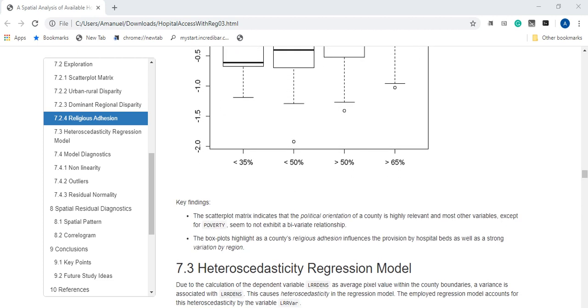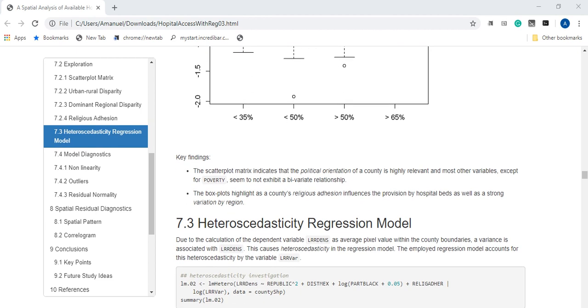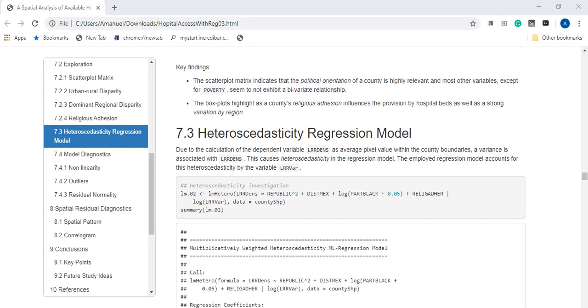So the key finding is that the plot matrix indicates that the political orientation of a county is highly relevant, and also most other variables. And the box plot highlights that the county's religious adherence influences the provision of hospital beds, as well as the regional variation.